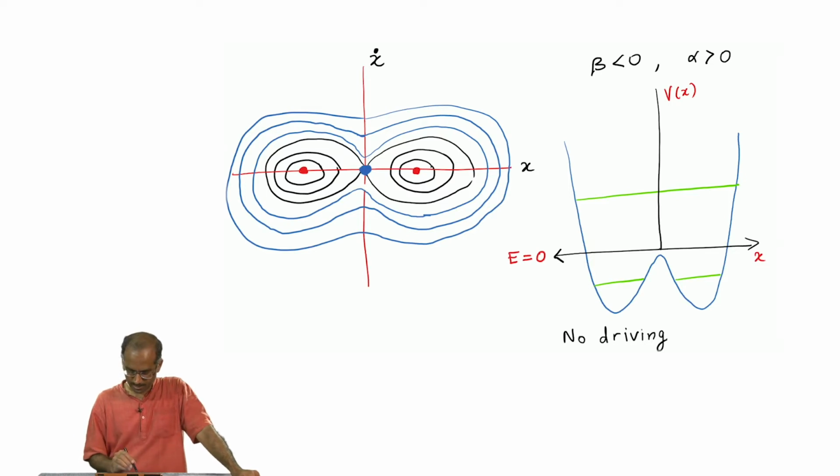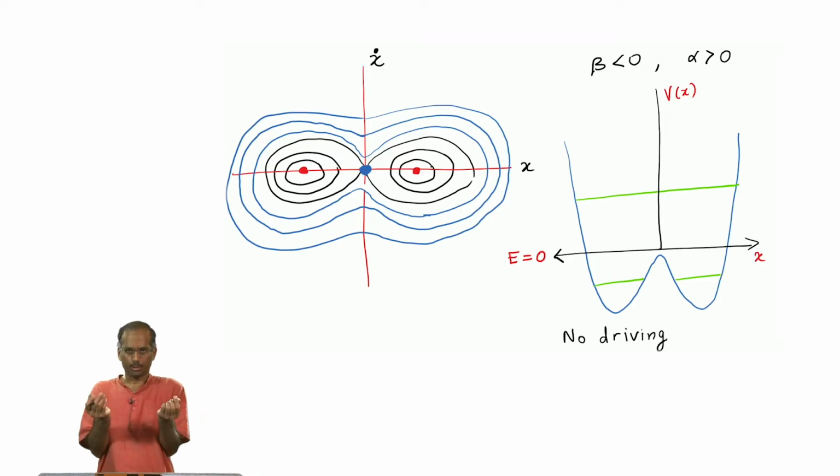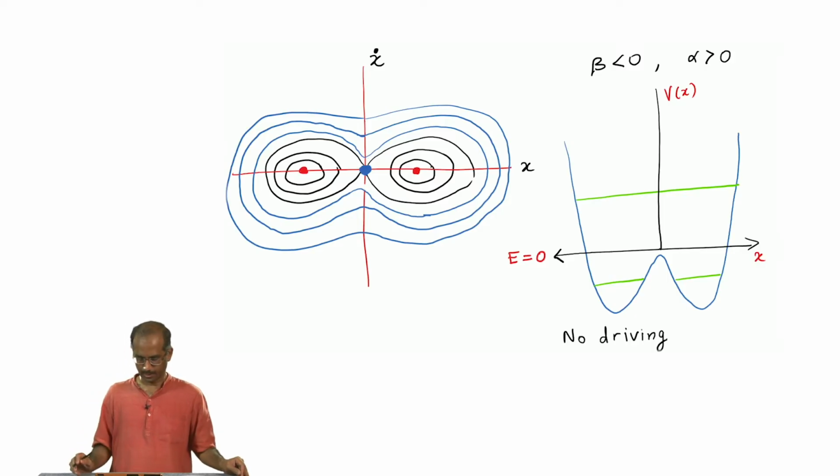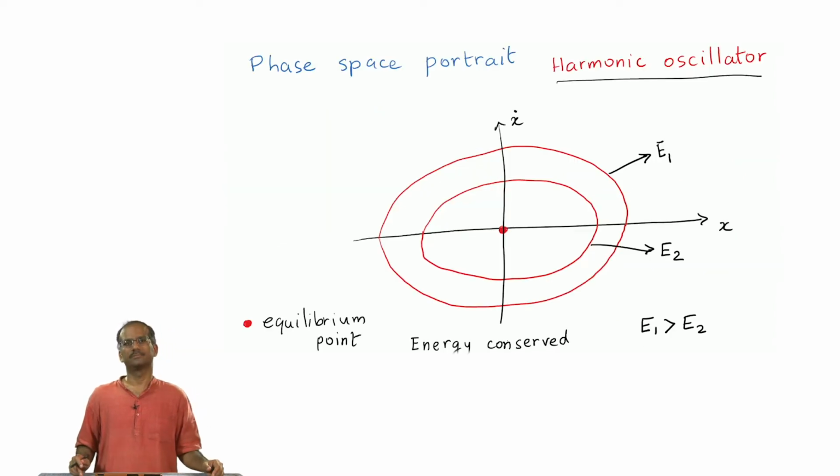You see that corresponding to two equilibrium positions at the lowest point of the two bowls, I have these red dots, and the unstable point is indicated by this blue dot at the center. Within each of these bowl-like structures, it is almost like a harmonic oscillator. The curves that you see here are like this, as though it is a harmonic oscillator.